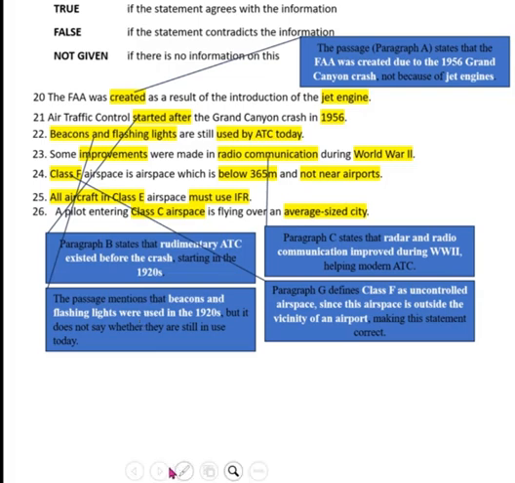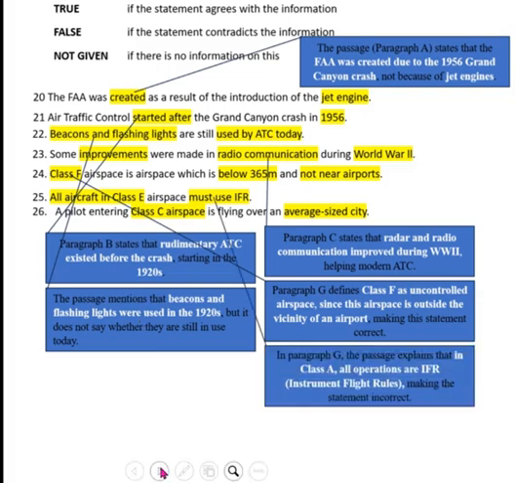We go back to the statements according to question number 25. In paragraph G, the passage explains that in Class A, all operations are IFR, Instrument Flight Rules, making the statement incorrect. You can see the statement is all aircraft in Class E airspace must use IFR. So now you can decide whether the statement is true, false, or not given.